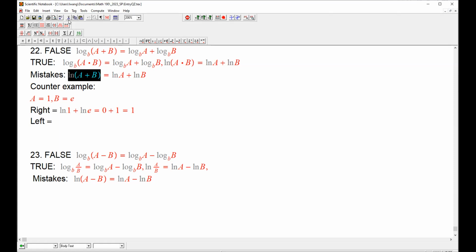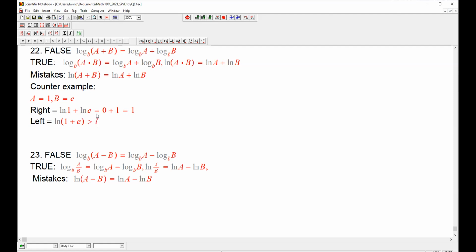Left-hand side, you're going to have ln(1 plus e). Whatever number it equals is going to be larger than what?